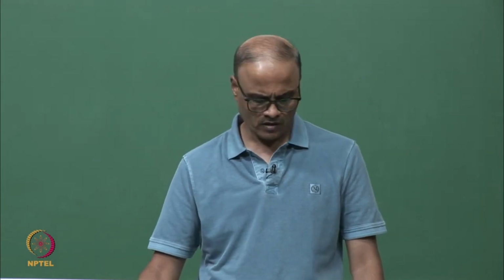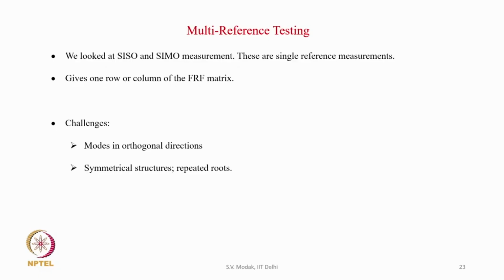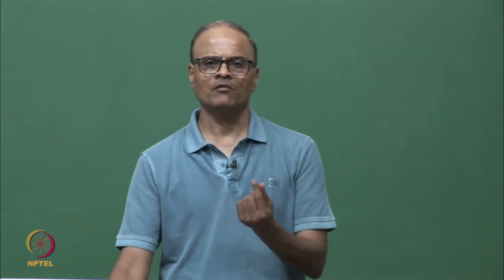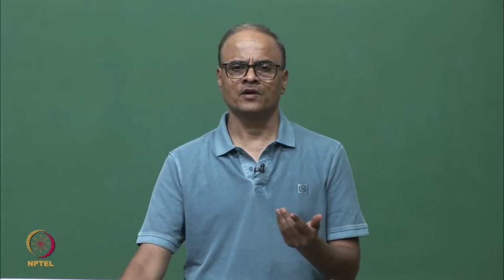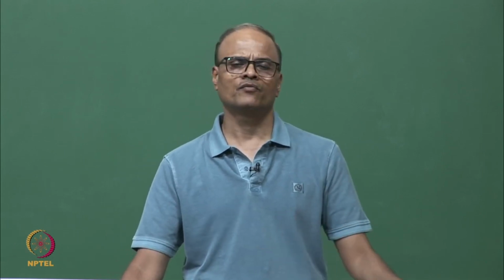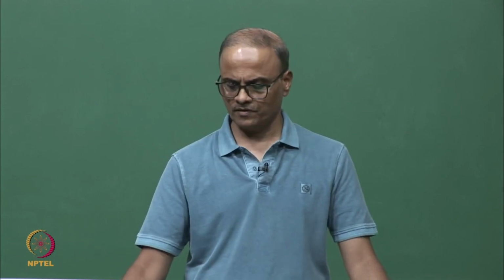Another situation is when there are symmetrical structures. Symmetrical structures have repeated roots. For example, if you have a square plate, then the square plate will have a pair of modes with identical natural frequencies but different mode shapes. Such a pair of modes also cannot be identified using single reference testing.